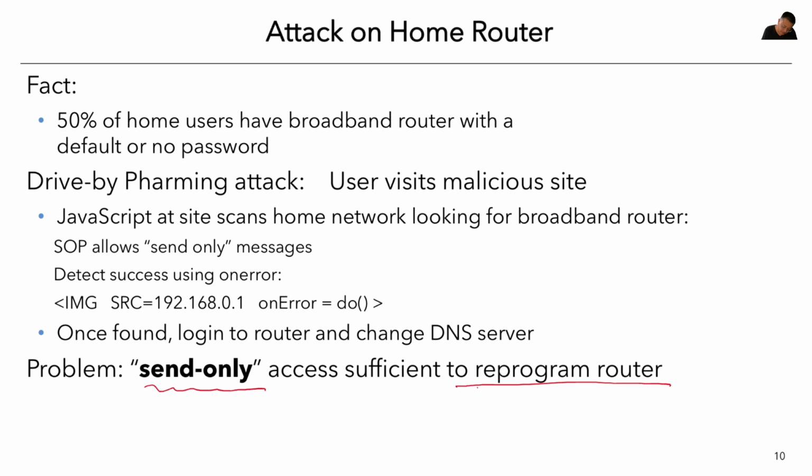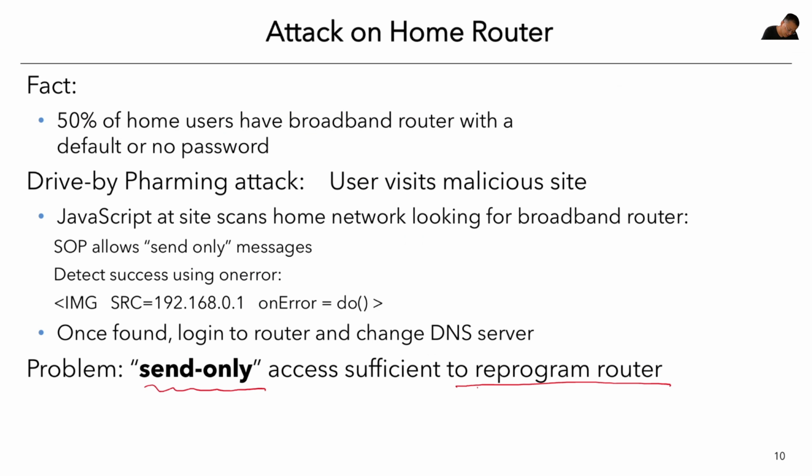Because those routers are incredibly vulnerable, you don't even need to provide a username or password, or they are going to use the default password. So in the first request you can log in with the default password or no password, then in the second request you can send the request to reconfigure the router.